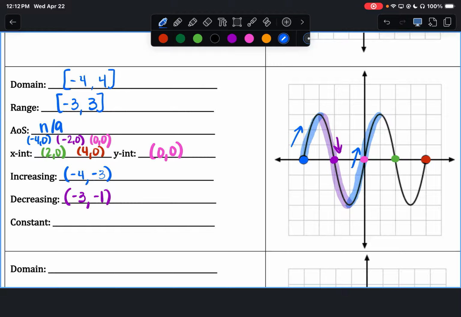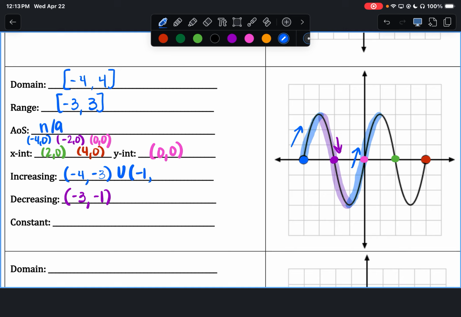Okay, so we have to think back for a second. When we need to combine two intervals, what symbol do I use? Union. The union, the U symbol. So we're going to now do that next set. Where does this part here start increasing? No, it's negative 1. Yep. Then where does it stop increasing?